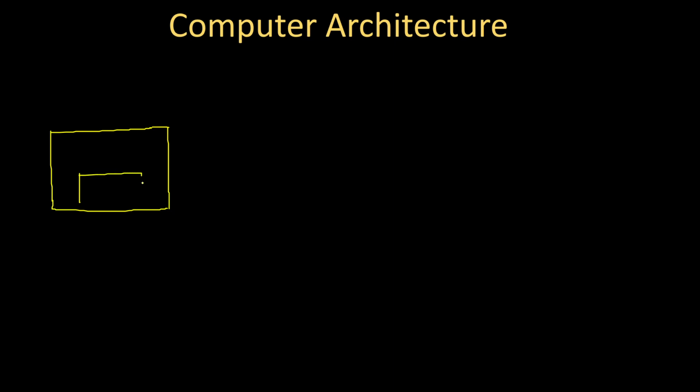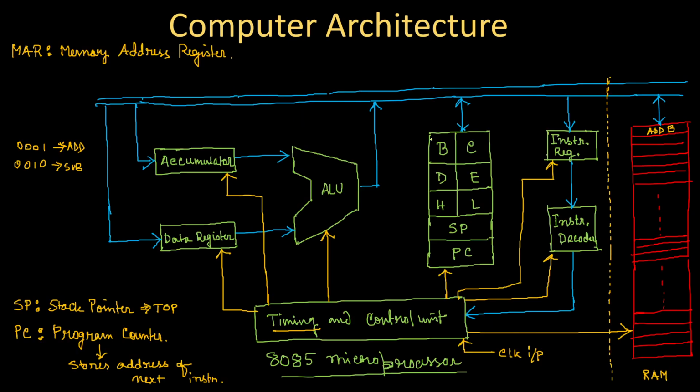So if I consider we have the CPU over here, we have a very important thing present in this CPU, that is register. Just the thing that we have seen, this B, C, D, E, H, L, these all are registers. And these are general purpose registers.